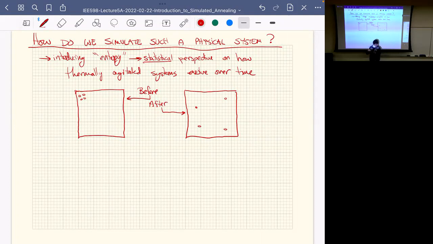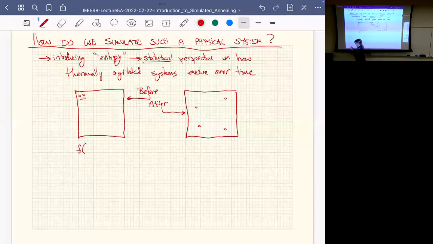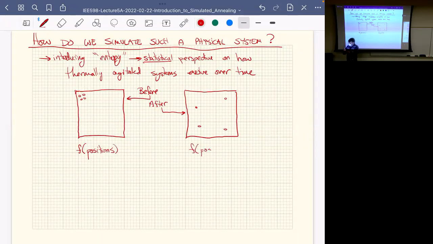So we can imagine there is a distribution here. This is a probability density or even a probability mass function of, let's say, positions, to be simple here. There's another one over here. And there's something special about these distributions that gives us the feeling of time passing.